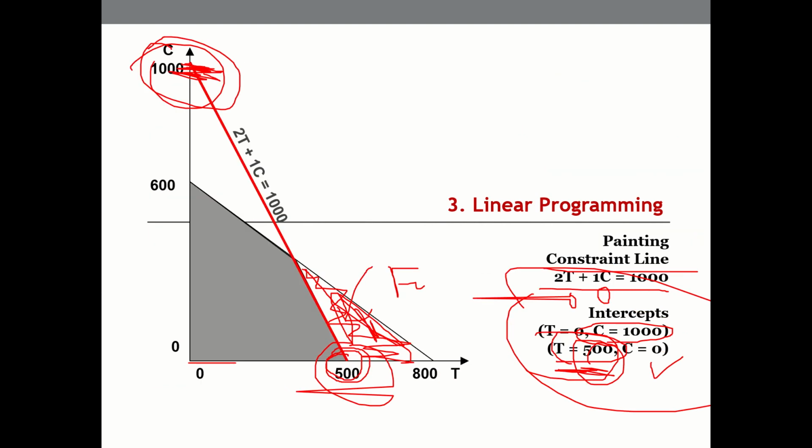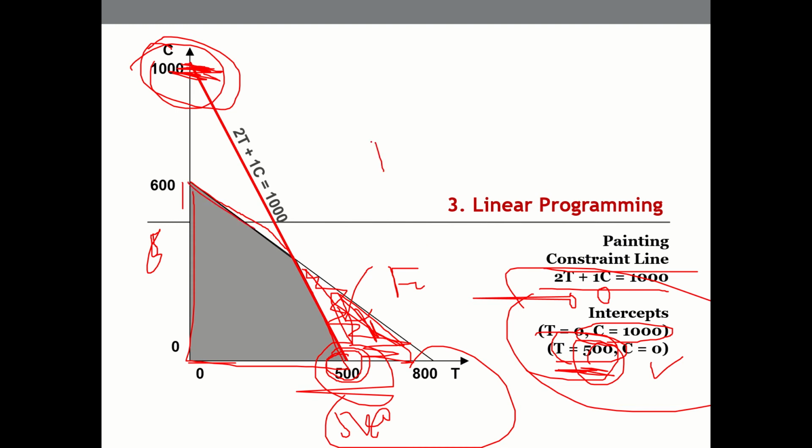But if you add the timing involved for painting, based on this linear equation, a maximum of 500 tables only can be made, and 600 chairs still can be achieved using this.